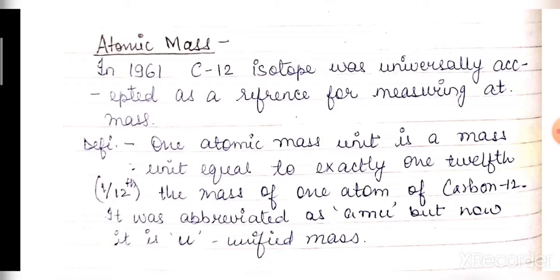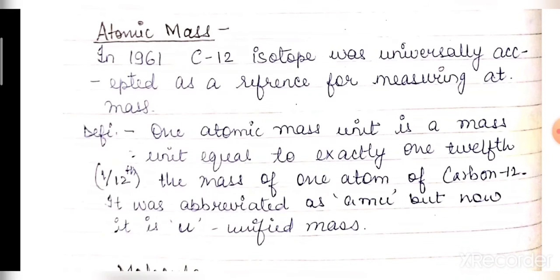If we take carbon as the atom with mass 12, then 1/12 of that will be equal to 1. So that is taken as the standard atomic mass. With respect to that mass, we take the mass of other elements and give the atomic mass.